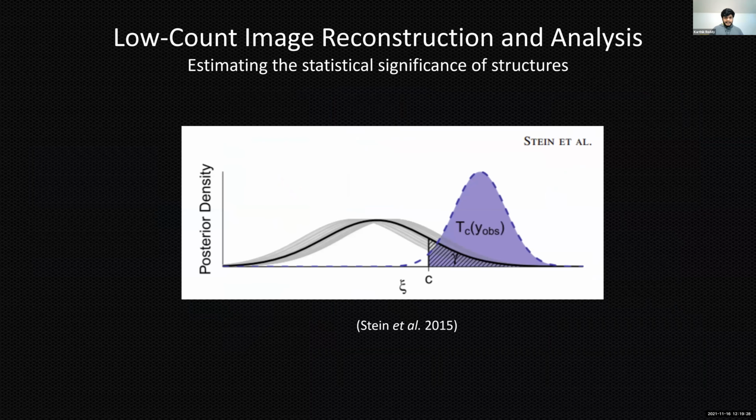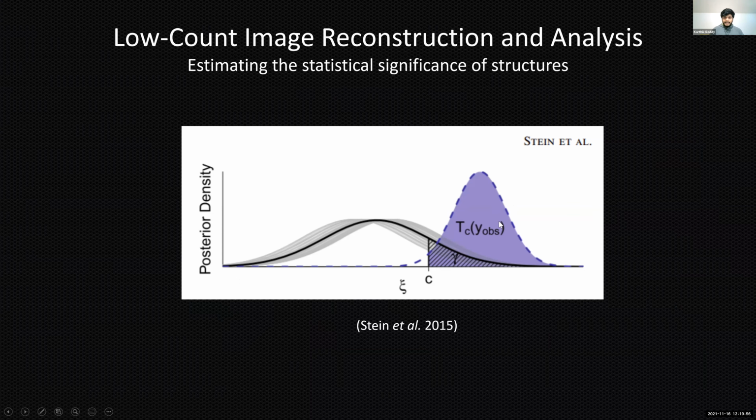So now we have several distributions of the parameter xi, one each from the replicates, and then one for the observed image. So what we do here is take the 99.5% tail of the mean of the replicate distribution, and then we estimate the area under the observed image from that point.